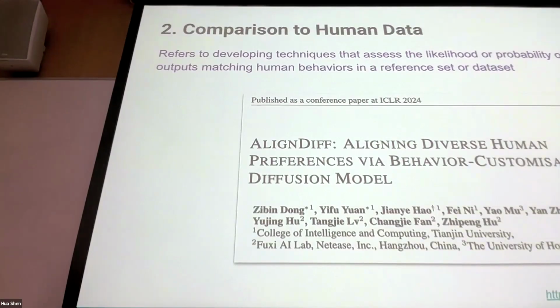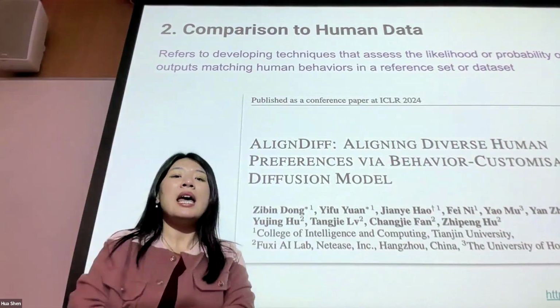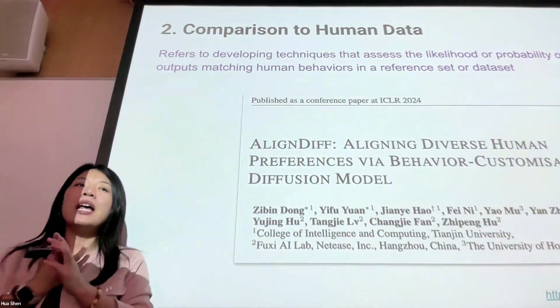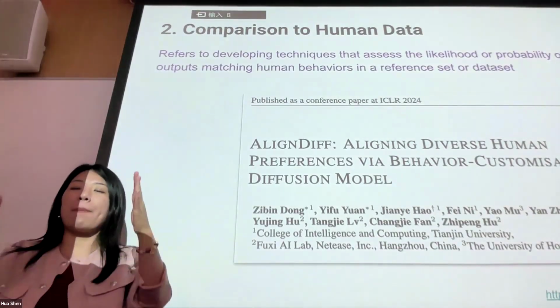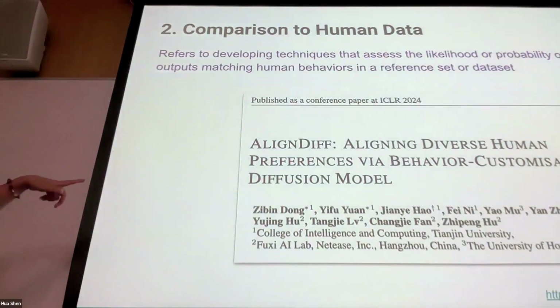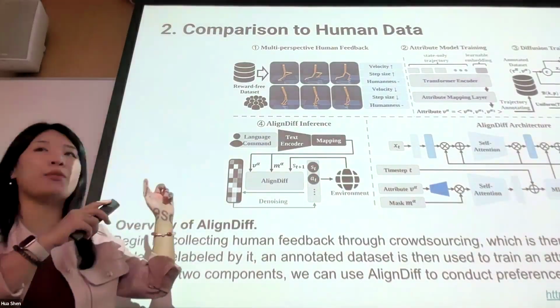The second one is about comparing to human datasets. This is very important given that LLMs sometimes hallucinate and can generate biases. So it's important to ensure that the LLM's data is comparable and aligned with humans' preference and generation. This paper is a good one, published at ICLR 2024, but it is more for robotics and simulation using diffusion models.